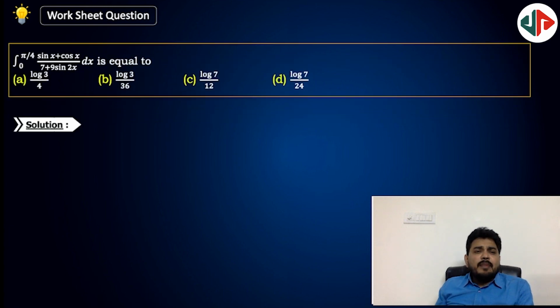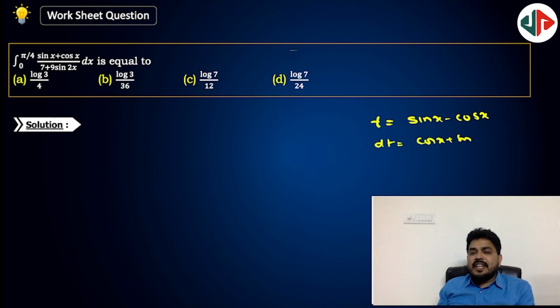Integral 0 to pi by 4 of sin x plus cos x by this. Whenever such things are there, you take t equal to sin x minus cos x. In this case, dt is equal to cos x plus sin x dx. When x is equal to 0, t is equal to minus 1, and at pi by 4 the value will be 0.